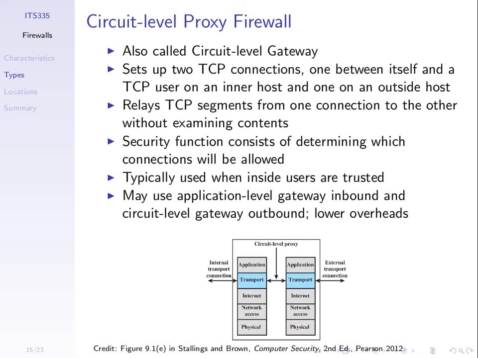So similar features to the application level proxy, but it's doing it at the transport layer as opposed to the application layer. And it can monitor the connections. So again, it's just looking at the transport information and can determine, do you allow a connection to go out or not?